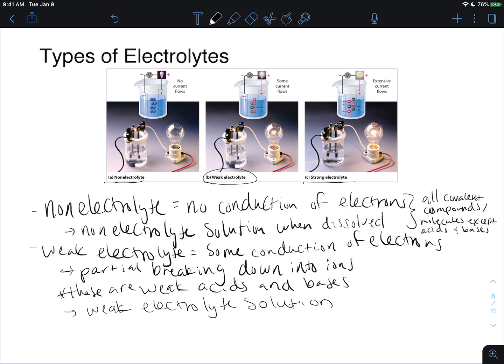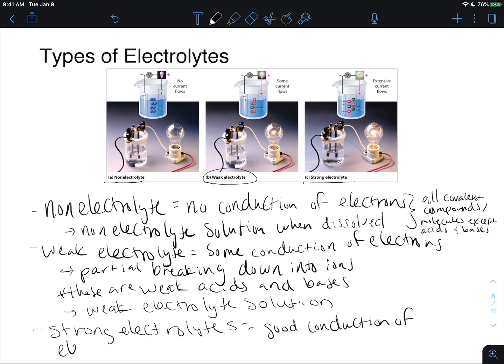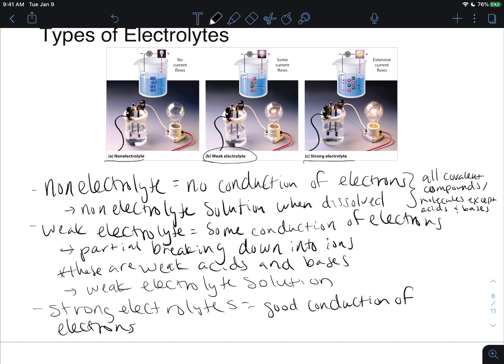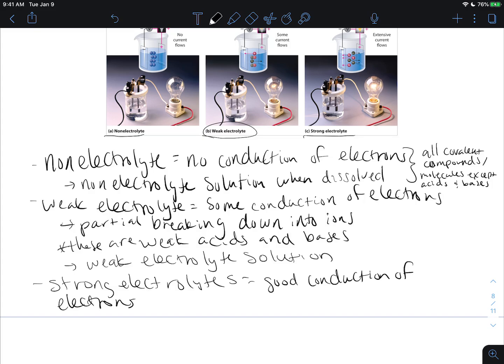Okay? And then our strong electrolytes are going to have good conduction of electrons. So these are going to completely break down into ions.